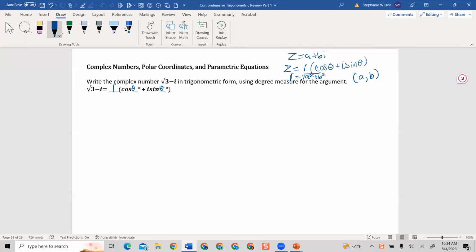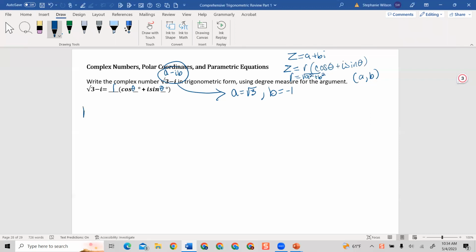Okay, so we are given the square root of 3, and we're going to call that a, minus my i b, right? So we're good so far. If I was to state what my a is, it's square root 3 here, and my b is negative 1, because remember, i is attached to it.